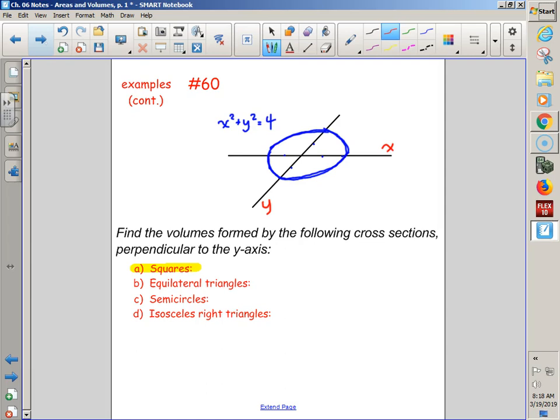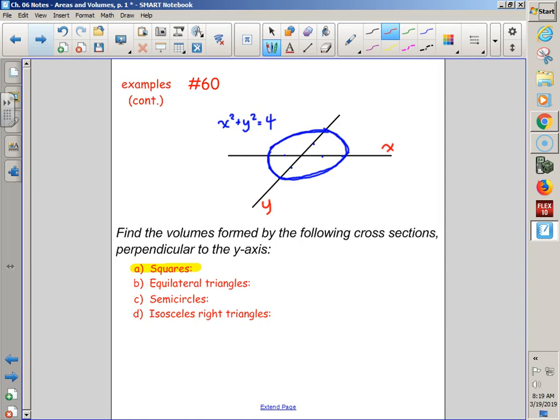X squared plus y squared is 4? Why is it not a function? You can do a couple different reasons, but the easiest one would probably be that it fails the vertical line test, right? But another way of seeing it is, well, hold on, are we supposed to be doing dx or dy?